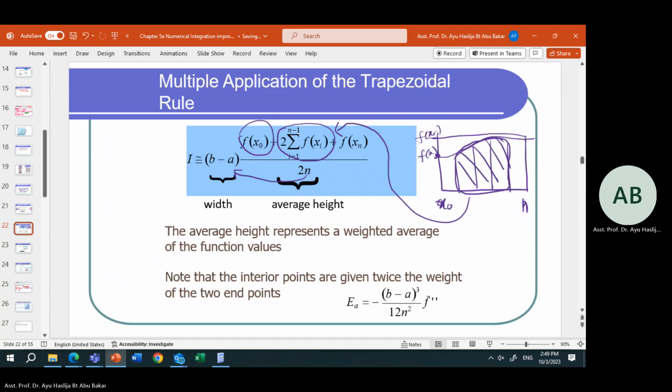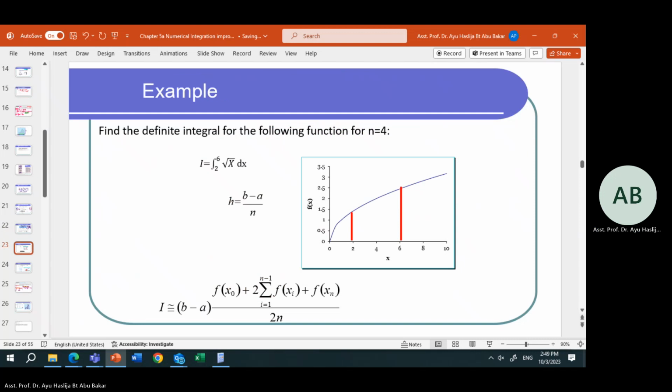Okay, now we do example so that you can understand. It asks you to find the integral for the following function for n equals to 4. Means you have 4 segments. How many points? 5. So you will need to have x0, x1, up to x4.